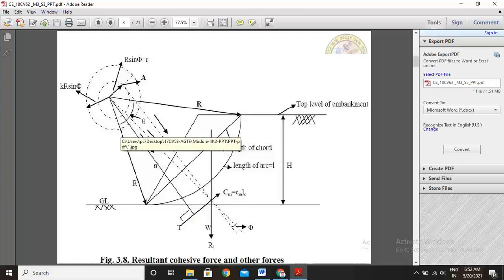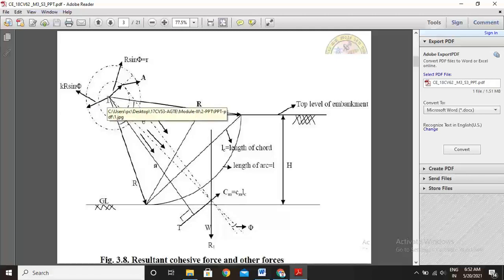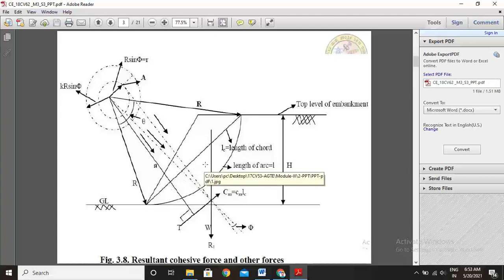In between the lines we select the theta value, measured in radians. The small radius of the friction circle is r sin phi, and the other radius we consider as k times r sin phi.